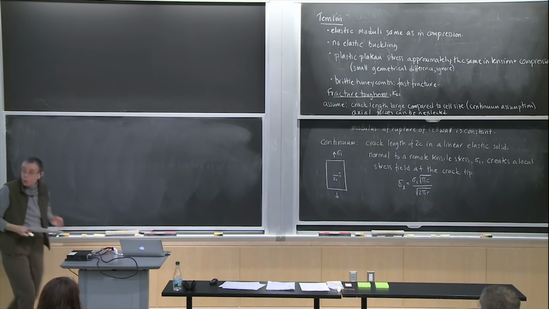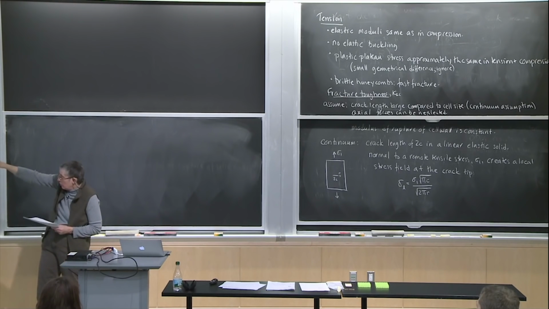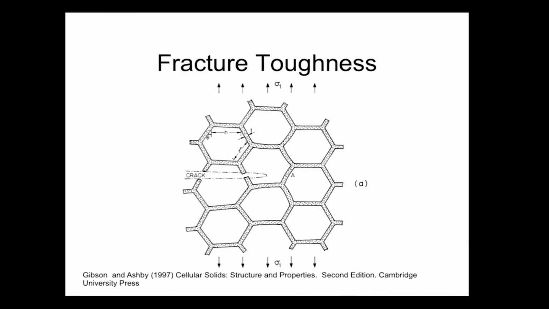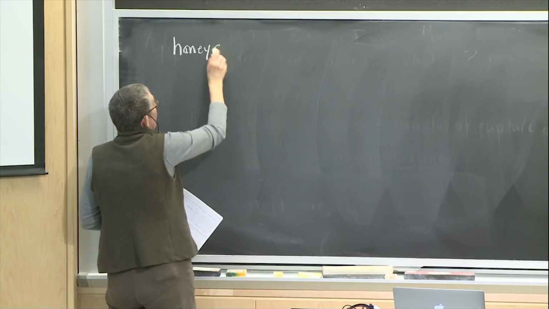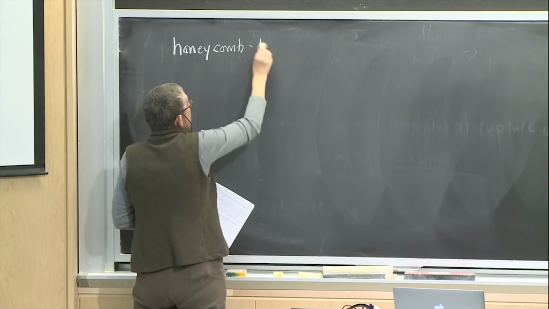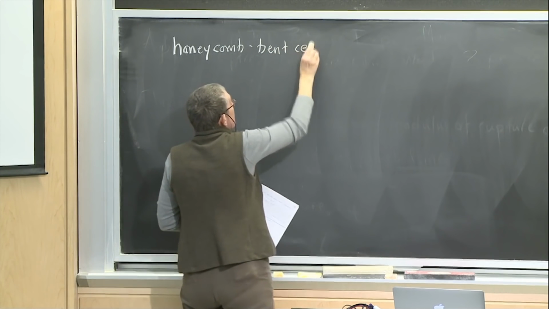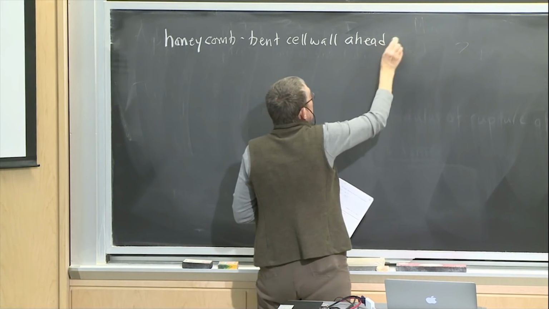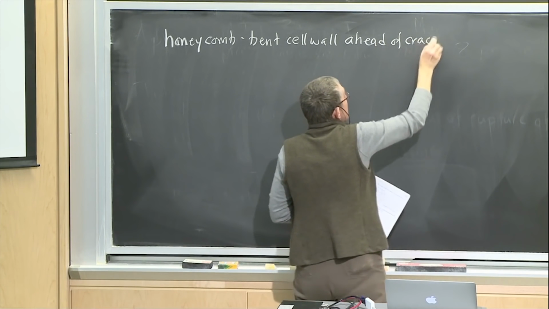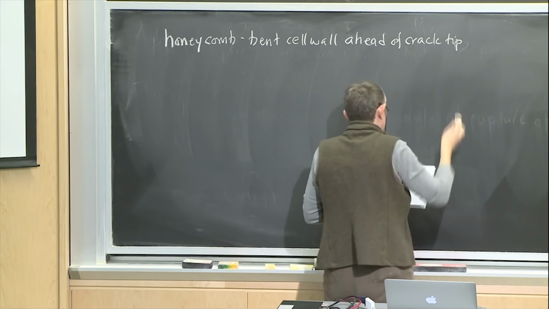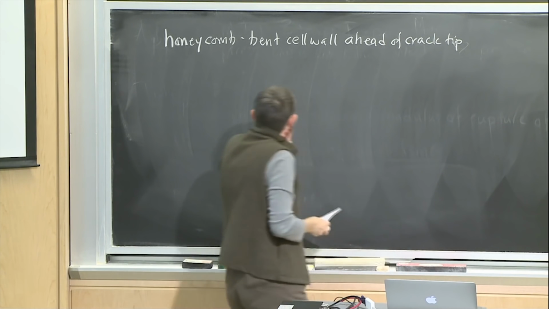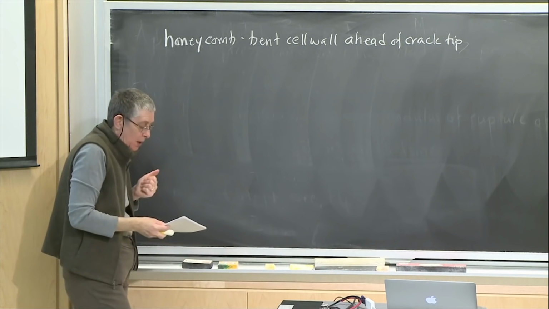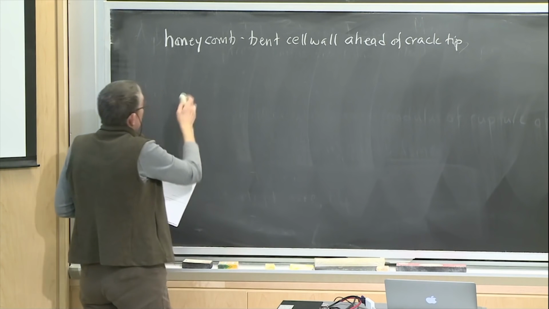Okay, so in the honeycomb wall, if we look at the crack here, and then we look at that cell wall A that's just ahead of the crack tip, that cell wall is bent. So in the honeycomb, we're going to be looking at the bent cell wall. And that wall is going to fail when the applied moment equals the fracture moment.